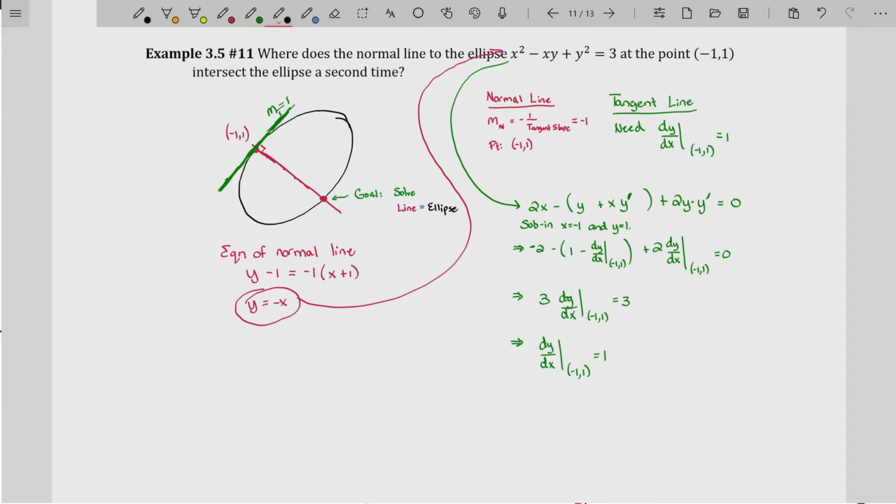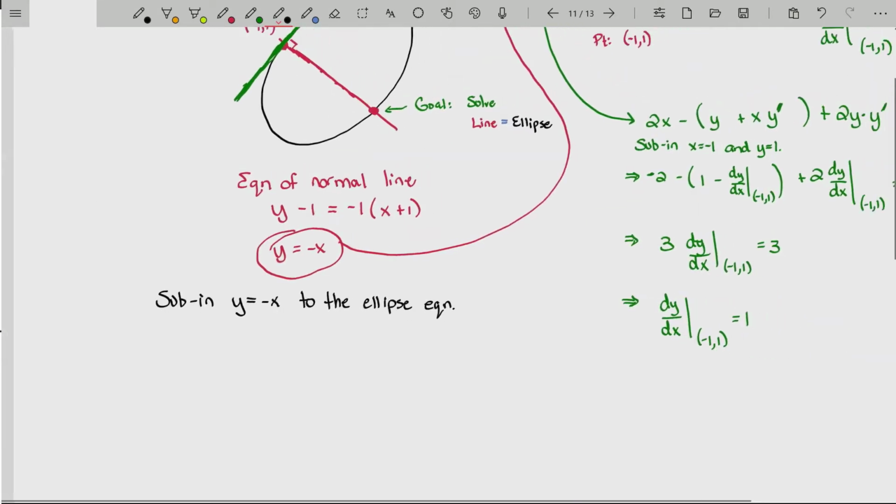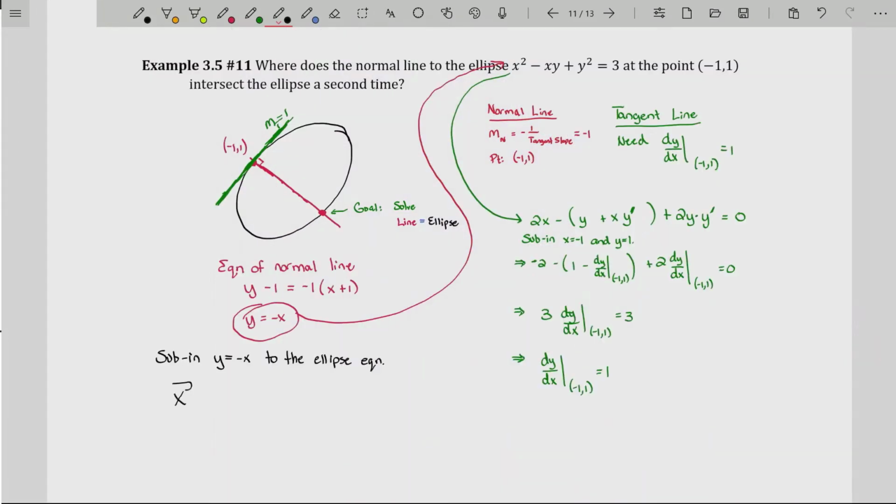So here we go. I'll write this in black because now we're back to the ellipse. I'm going to sub y equals -x into the ellipse equation. What it's going to do is return to me, once I solve, all the x values where the normal line and the ellipse meet up.